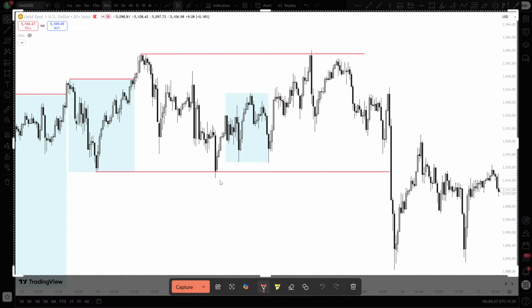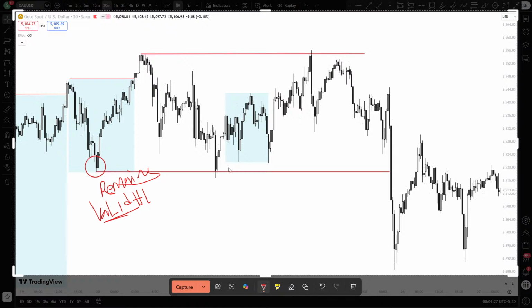So this point remains our valid higher low. This point which you are seeing at this particular time, this higher low, remains a valid higher low.